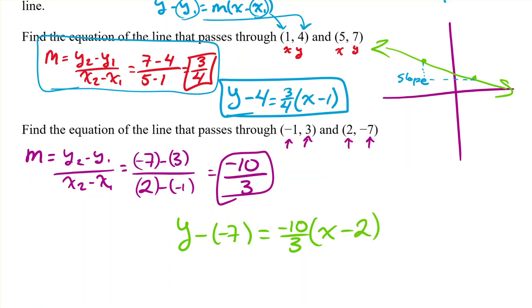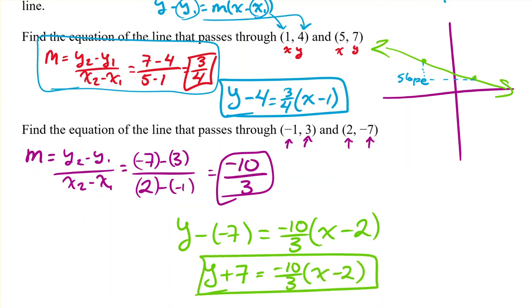As long as we're using the y value and the x value of the same point. We cannot use the y value of one point and the x value of another. That's not the way this works. So y minus -7, well, that's actually y plus 7, equals -10/3 times x minus 2. Perfect.